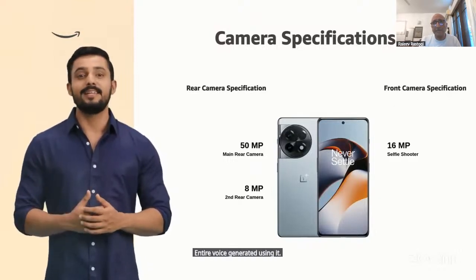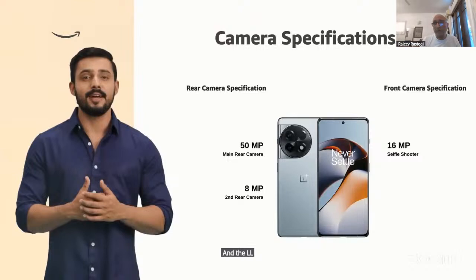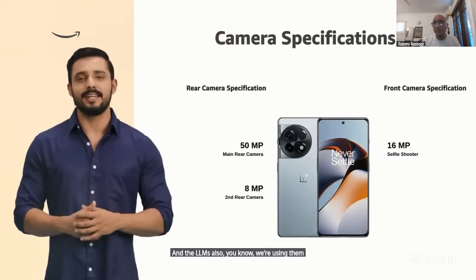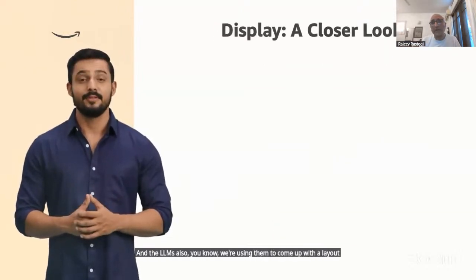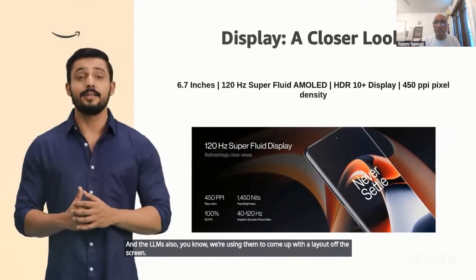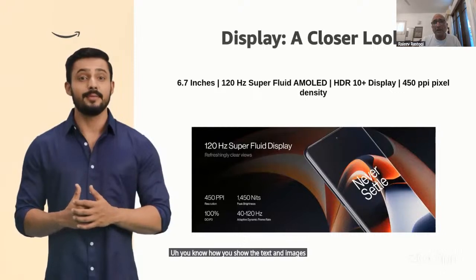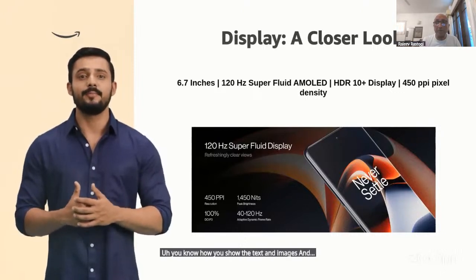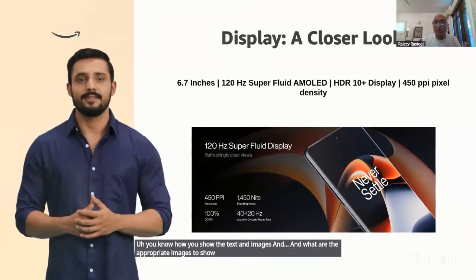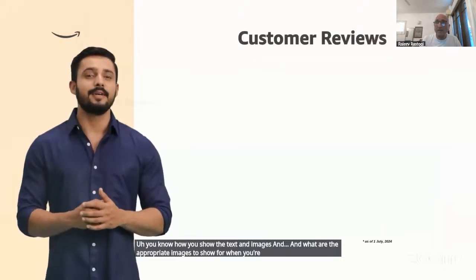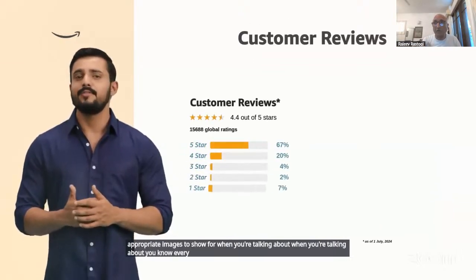And the LLMs also, we're using them to come up with the layout of the screen, how you show the text and images, and what are the appropriate images to show for when you're talking about every feature of the phone.